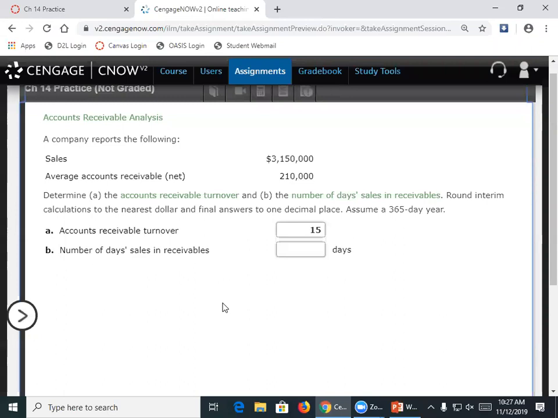So then you would take your average accounts receivable of 210,000 divided by the average daily sales of 8,630. So how many days do sales sit in receivables? 24.3. Very good, 24.3. And again, if we were net 30 invoice terms, that number is okay. We're within our terms. Okay, so we're collecting pretty well.